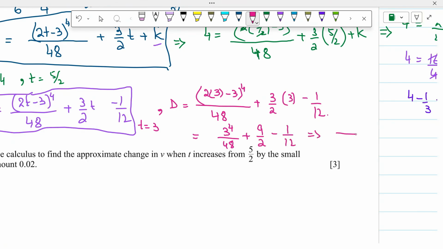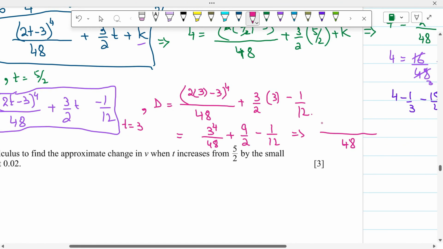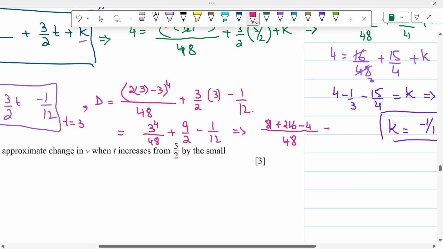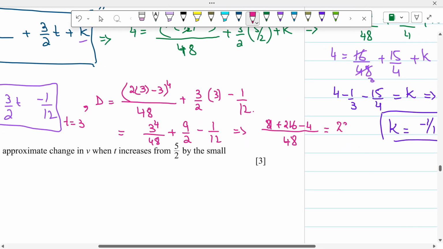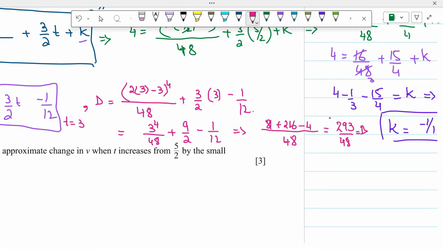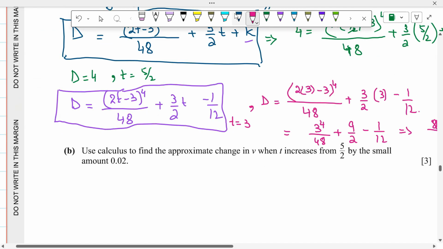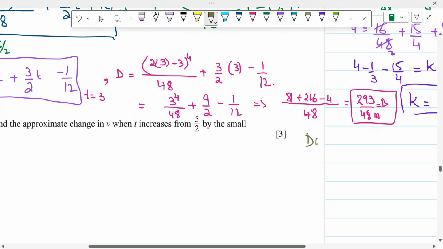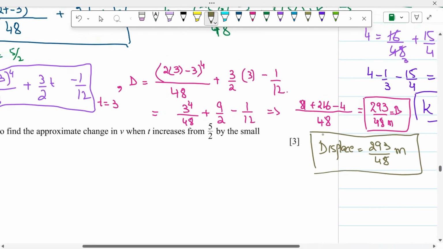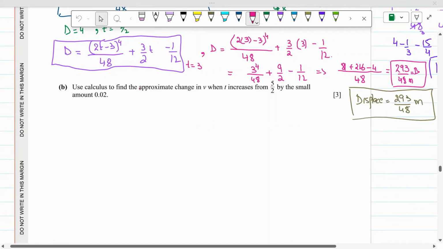Taking the LCM, which is 48, we get 293 over 48. This is the value of displacement in meters. So displacement is 293 over 48 meters, which was required. Okay, let's move to part B.